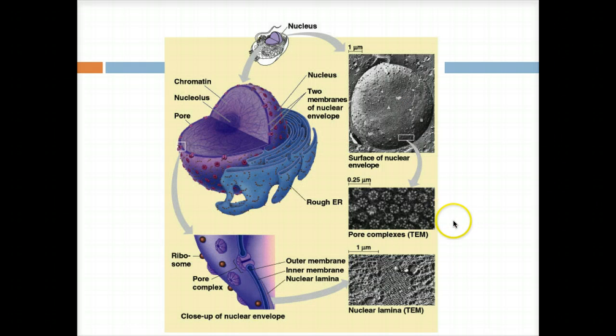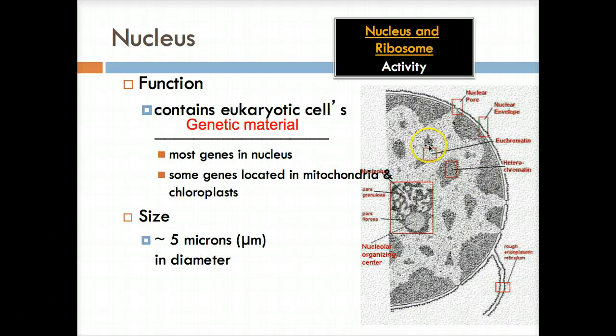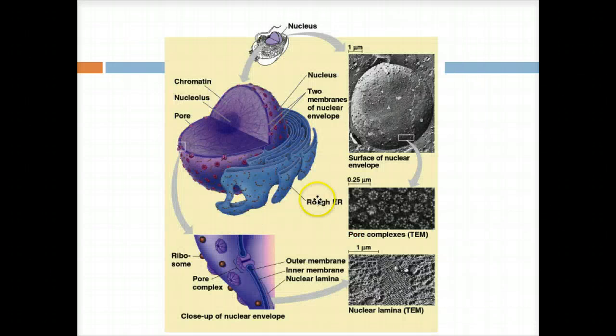The reason I put this figure on here is because I wanted to show you an example of a different type of electron microscope. So remember, the previous slide was a scanning electron microscope, so you can see the internal details very well of the cell. This, on the other hand, is called a transmission electron microscope.